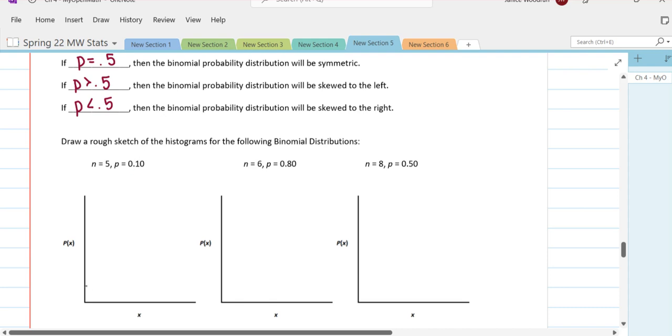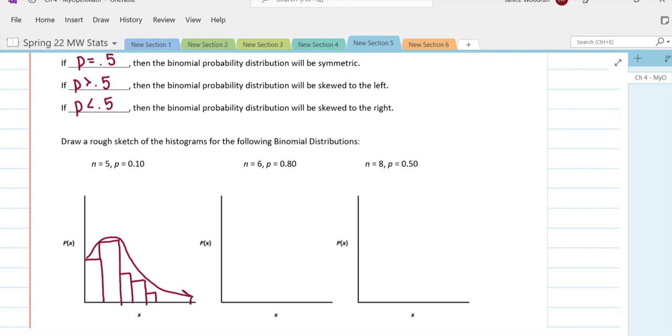So we could say it looks something like this. It goes up a little bit, but then it just skews really low. So it's skewing to the right, meaning it goes up here, and then it's got a tail to the right.